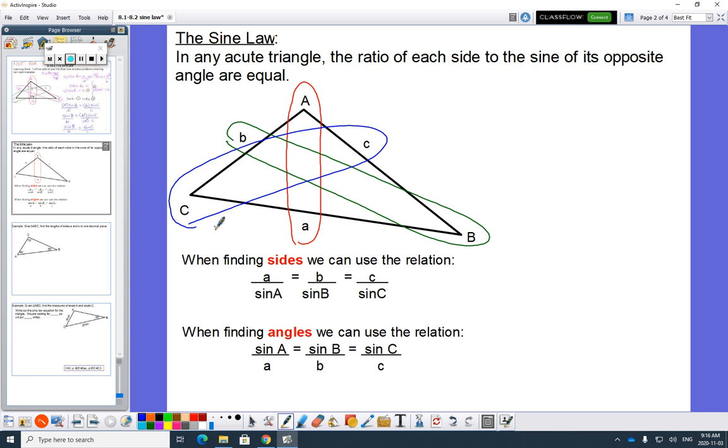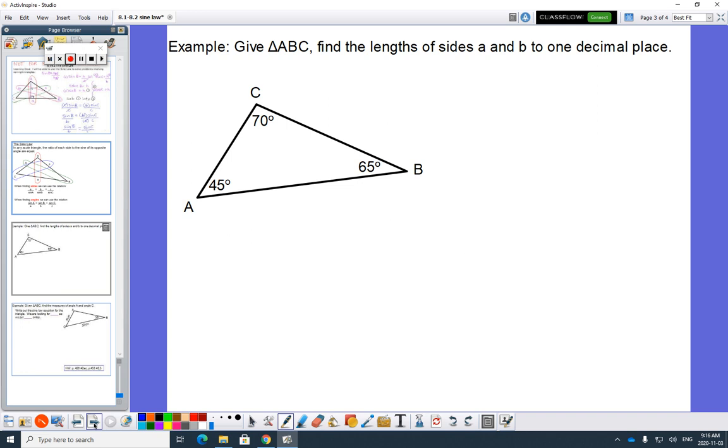Some questions, you're going to ignore one of them, depending on what you're given. You don't have to have all three filled in. If the question says solve, or like our example that we're going to do, we're going to look for two side lengths. So we're going to split it apart and fill in what you know.